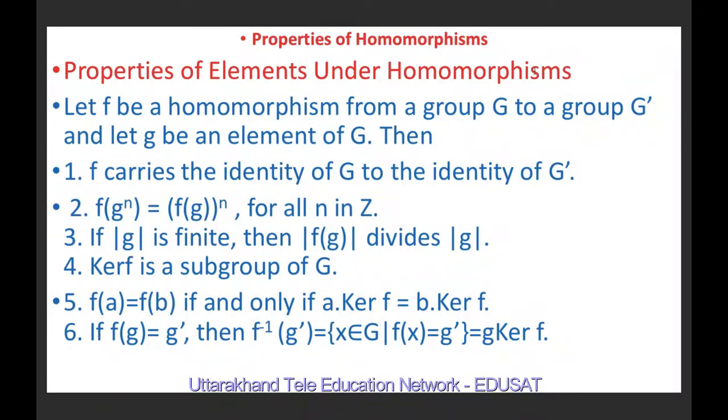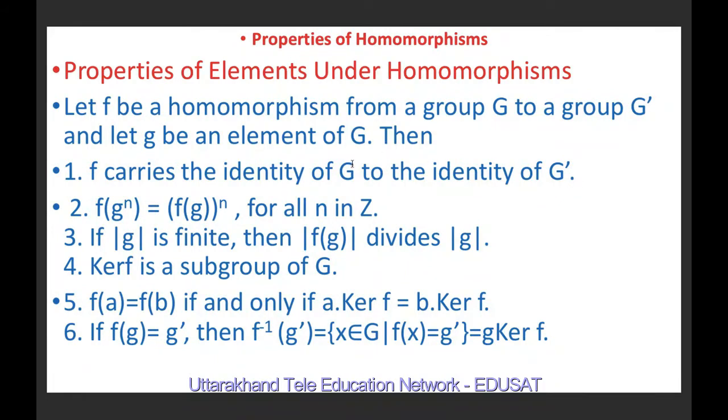Now, properties of a homomorphism. Let f be a homomorphism from a group G to a group G dash and let g be an element of G. Then the first property is that f carries the identity of G to the identity of G dash.